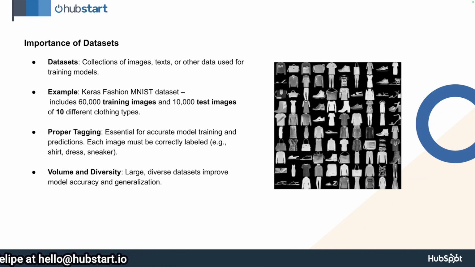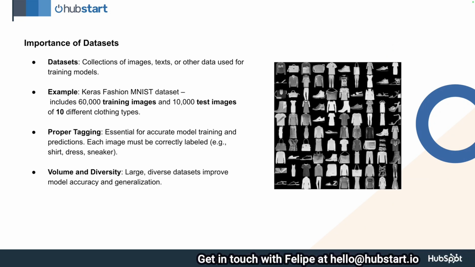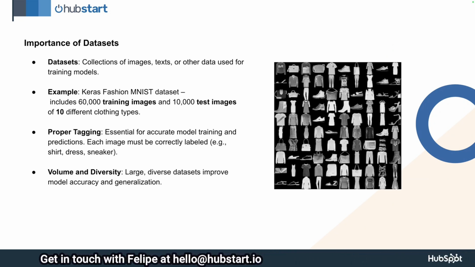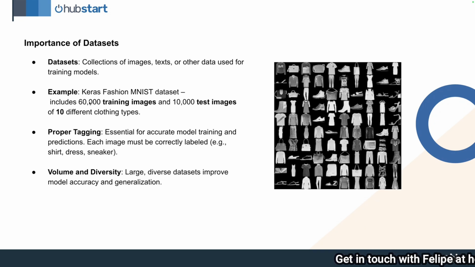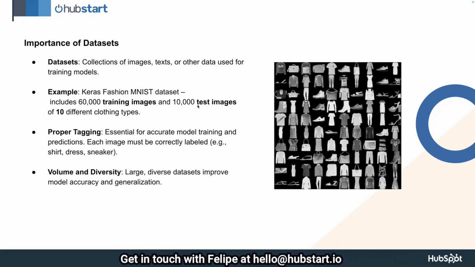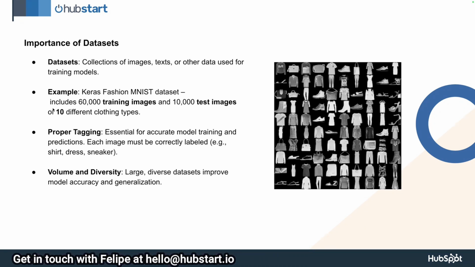So we're going to talk about datasets. A dataset is a collection of images, text, or other data used for training models. For this example, we're going to work with images. Our dataset is the Fashion MNIST dataset that includes 60,000 training images and 10,000 test images that are categorized into 10 different clothing types.